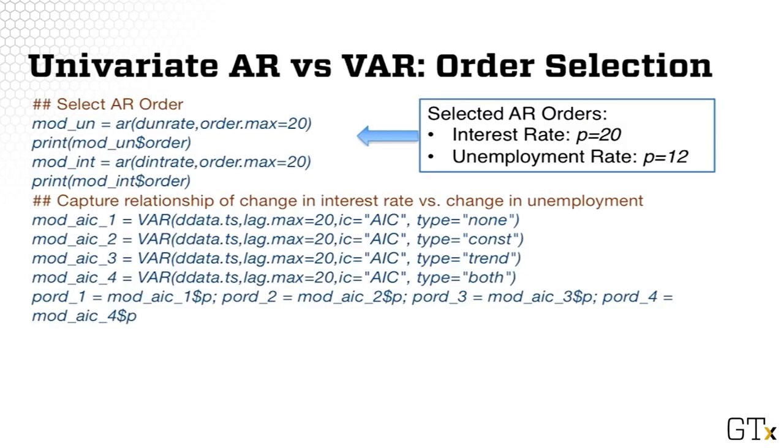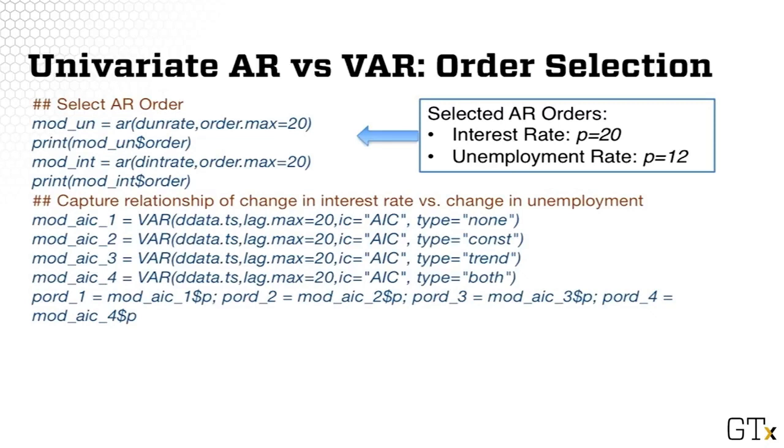The command is VAR. The input for this function is the data matrix consisting of the first order difference of the two time series in this example, the maximum lag for the model fit, and the specification whether to fit a trend, a constant accounting for the non-zero mean in the time series, no trend or no constant, or both.